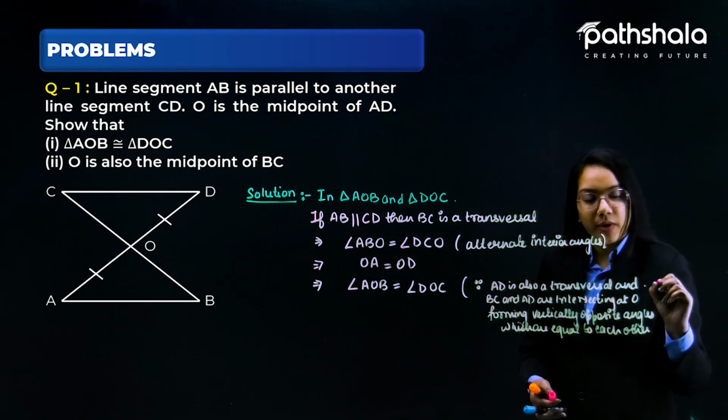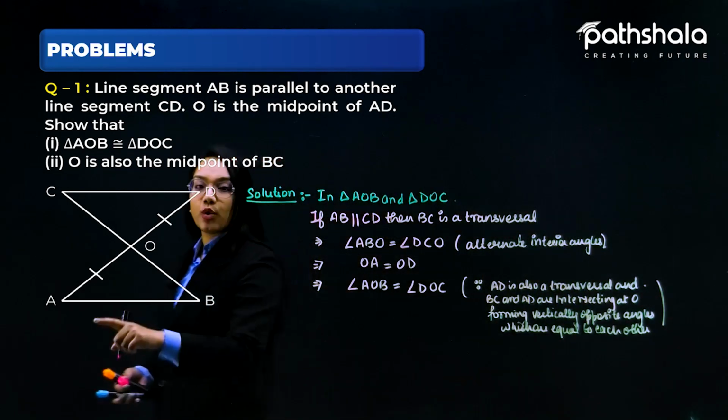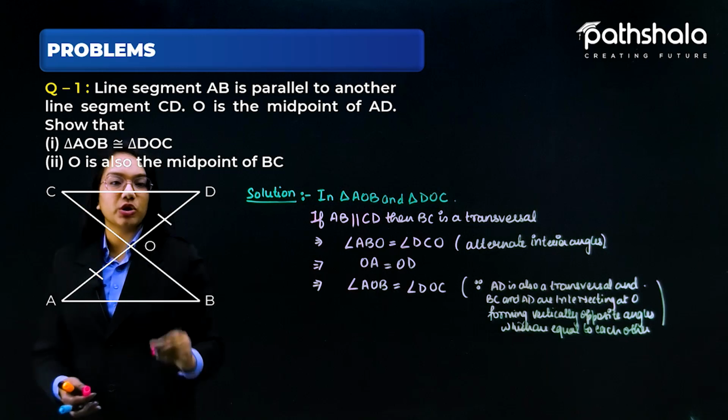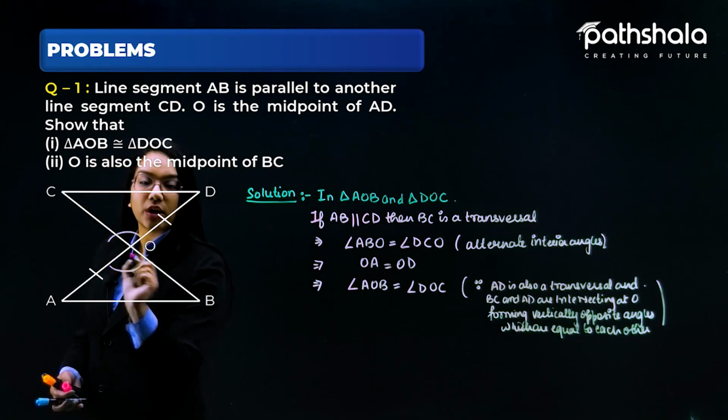So AOB is equal to DOC. Why? Because they are forming a pair of vertically opposite angles.